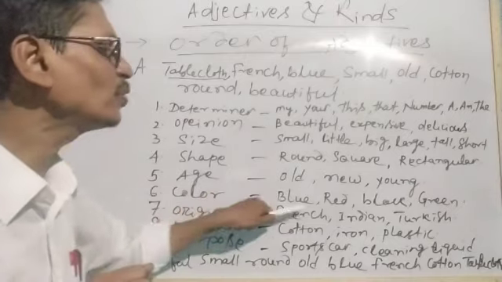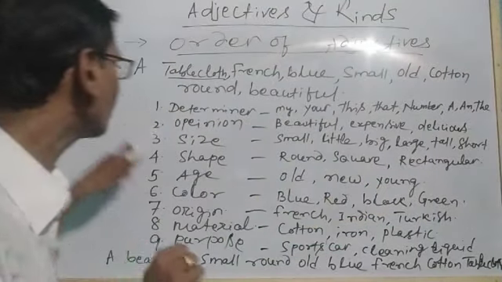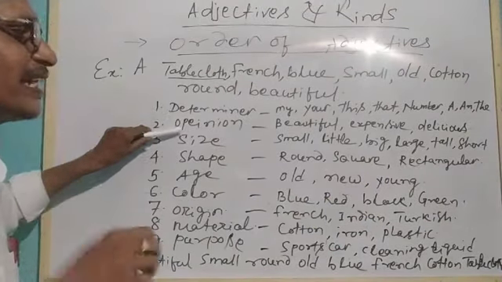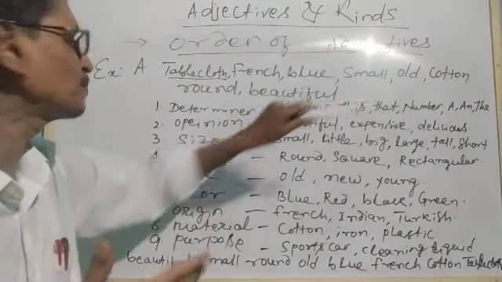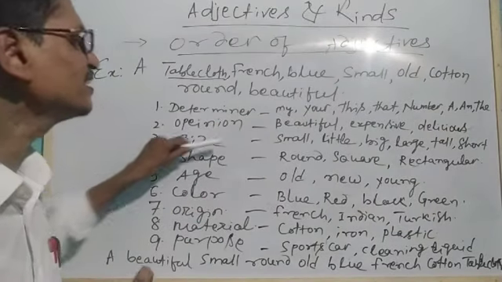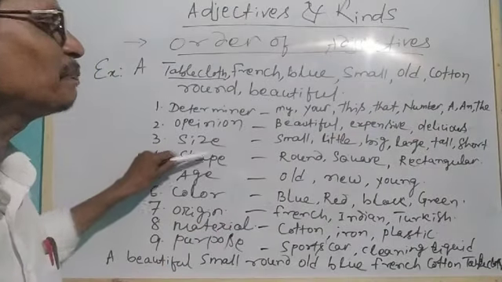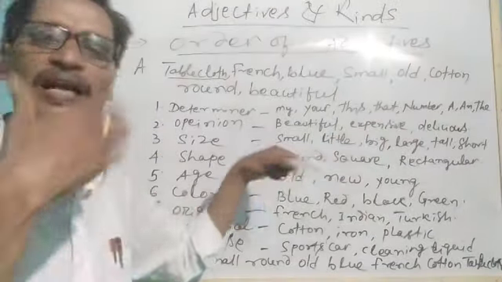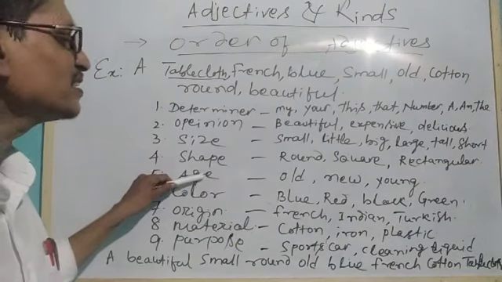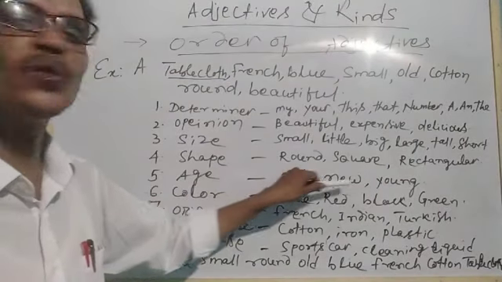Color means blue, red, black and green. So, first is determiner, then opinion like beautiful or expensive, then size, then shape, then age, whether old, new or young.